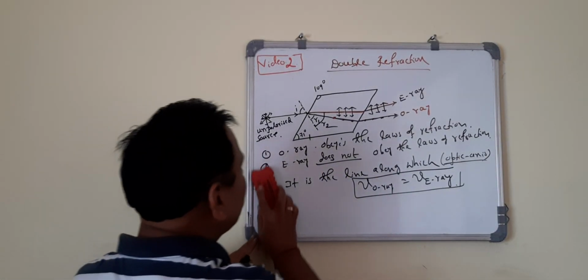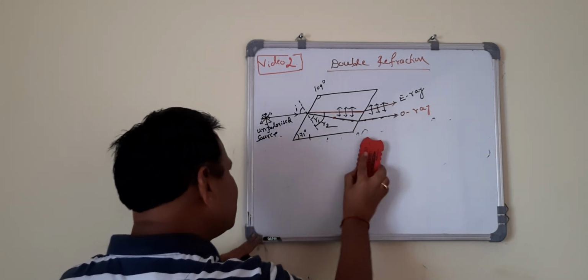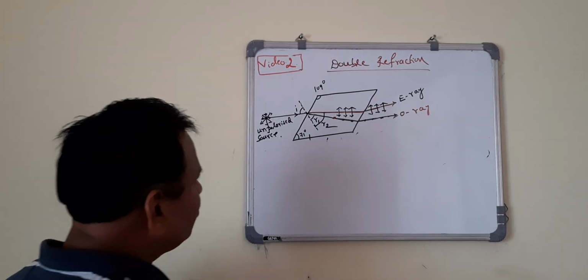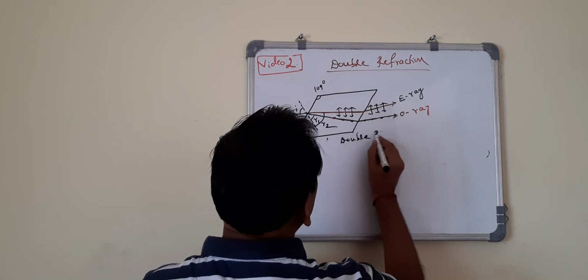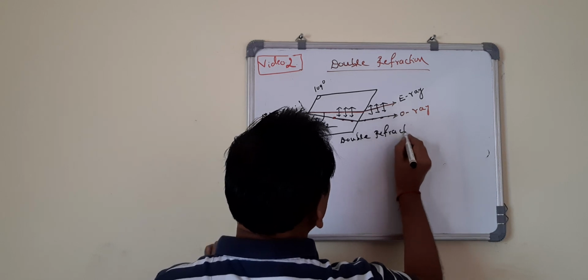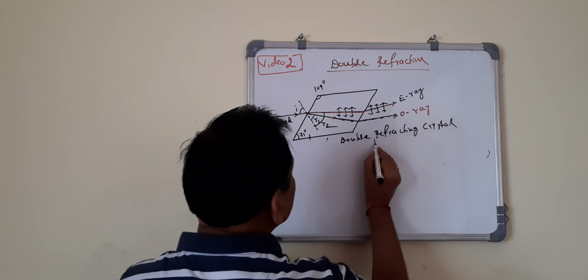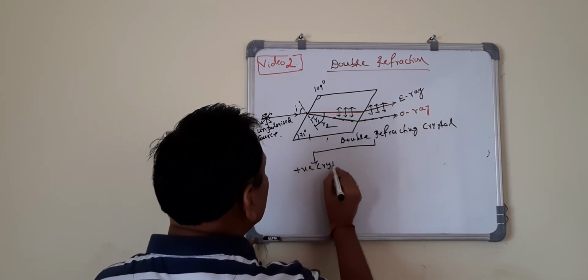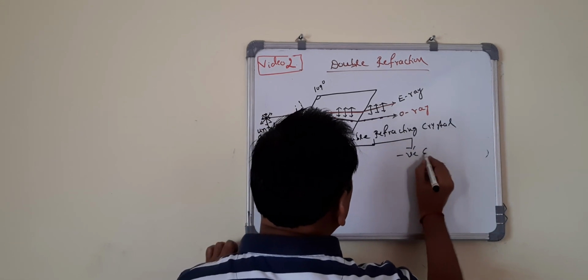Next, you might ask the question, are there any varieties of crystals? Yes, double refracting crystals. Double refracting crystals are of two types: one is the positive crystal and another one is the negative crystal.